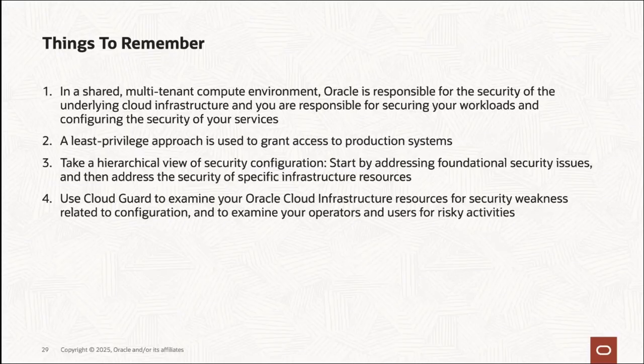If you want to use a new tool like Bastion Service, you have to create a group. Maybe you call it Bastion Administrators, right? And then from there, you assign users to that group and give that group the appropriate permissions they need to interact with the Bastion service.